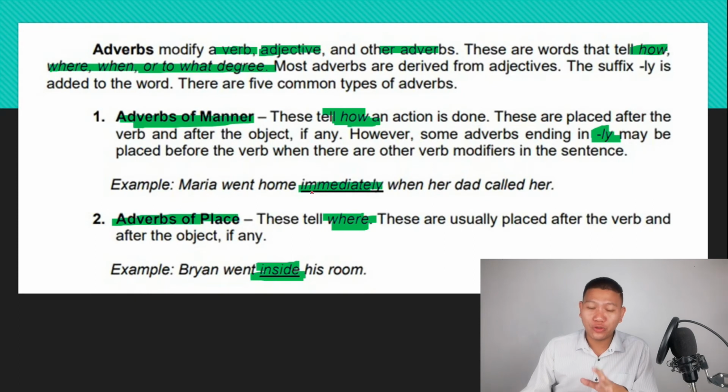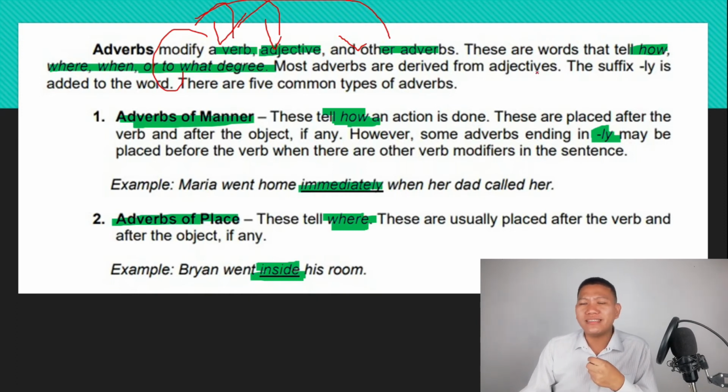Now let's move forward to adverb. Noun is a name of a person. On the other hand, adverb modifies. When we say modifies, it describes. It tells something about a verb, which is an action word. It tells something about an adjective, which is used to describe nouns. And it tells something also about adverbs. So it can modify a verb, adjective, or another adverb.